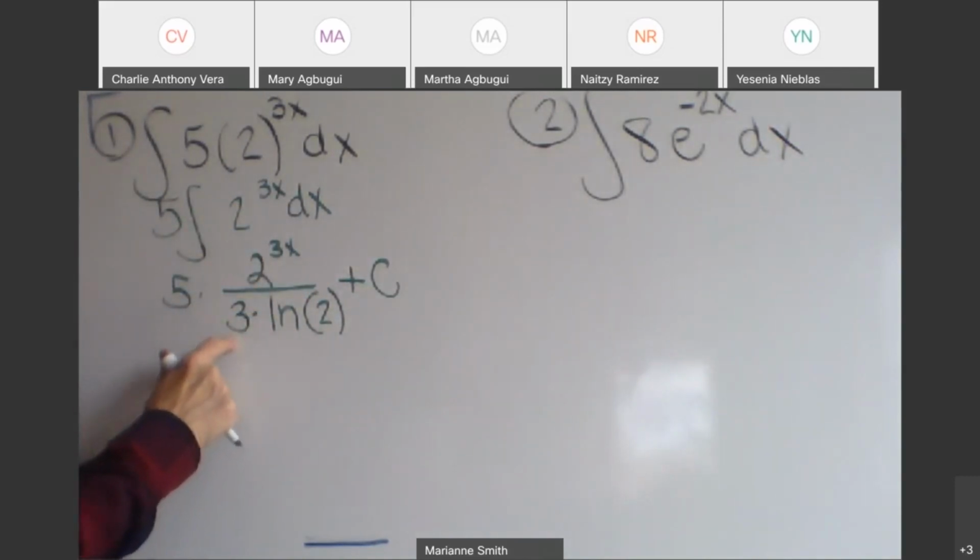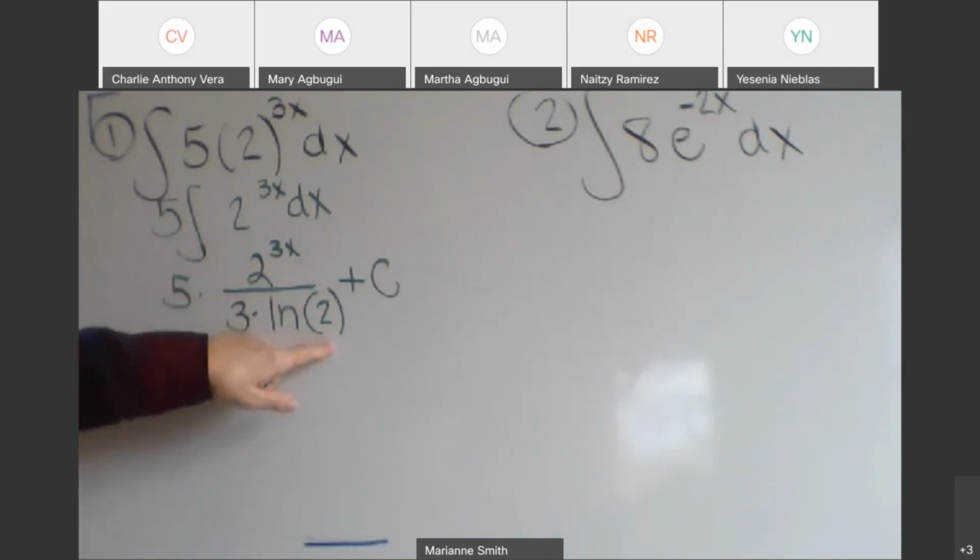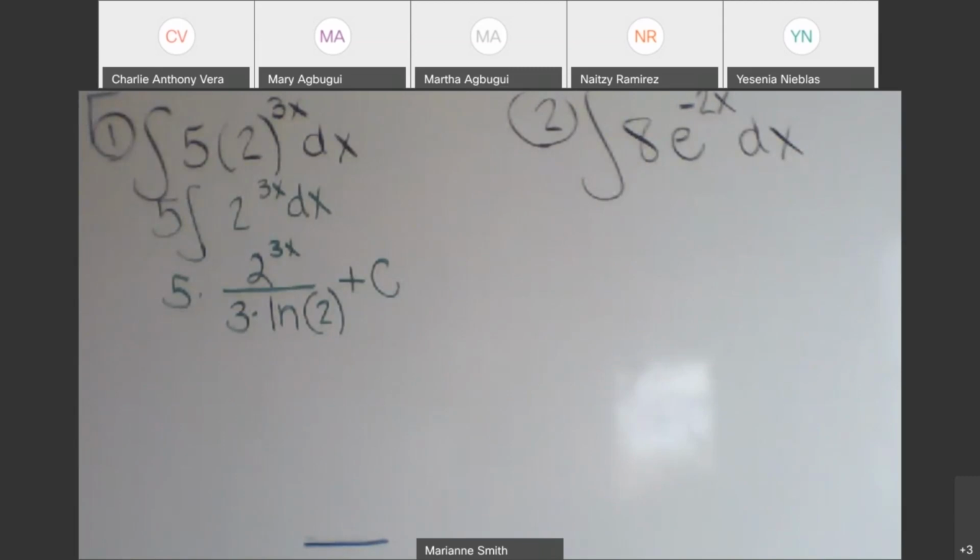I have a 3 in the denominator and an ln 2 in the denominator. None of that stuff cancels out. You can't cancel out these 2's because one of them's an exponential base and one is an argument to a log. They're not coefficients out in front. Remember, you can only divide out or cancel out factors, things that are multiplying your quantities.